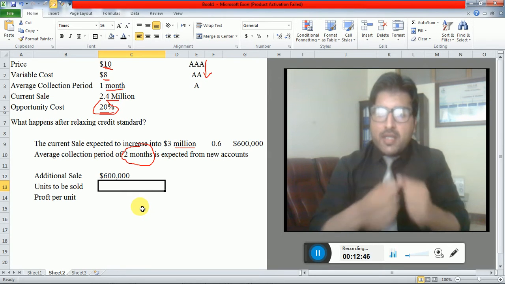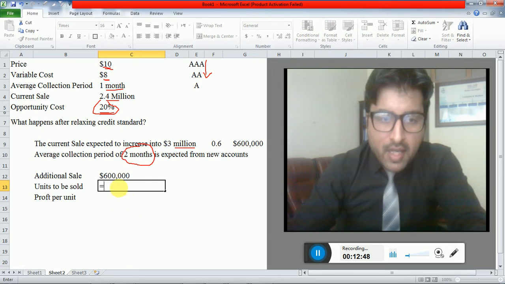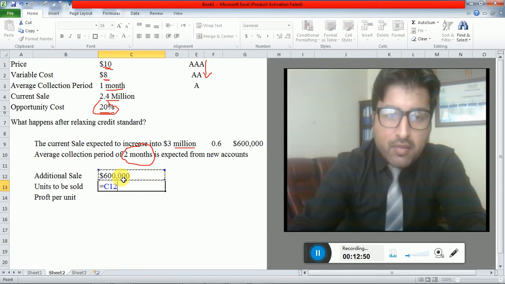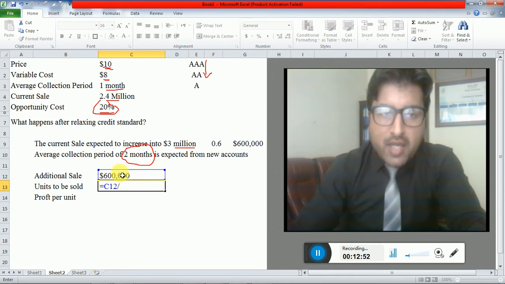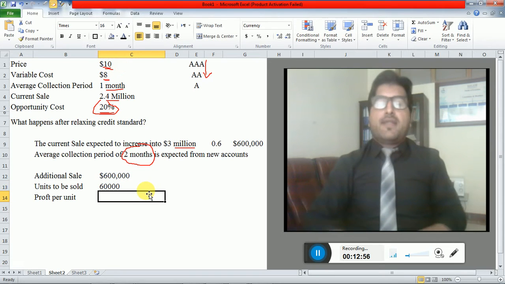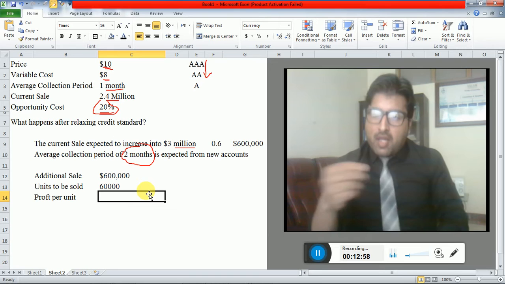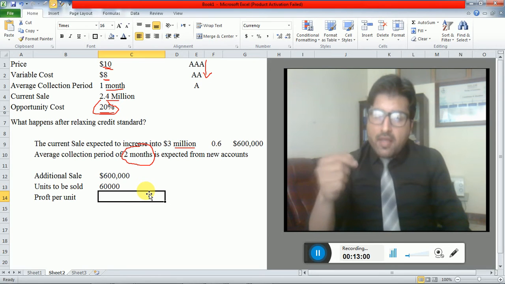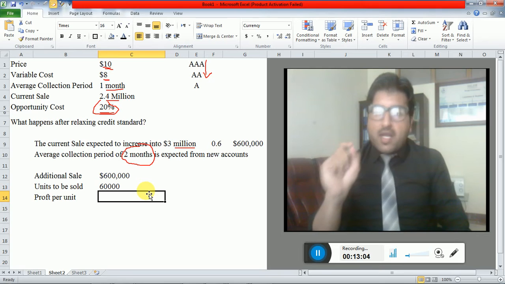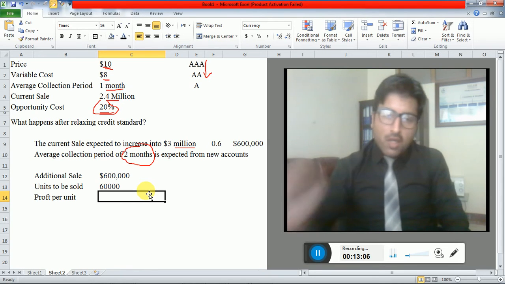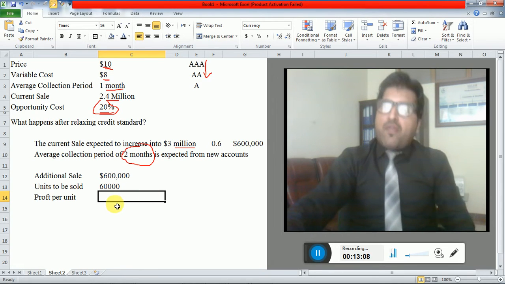So, much easier. Divide $600,000, the total sale, by the price. How much is the price? $10. Okay, that is equal to 6,000 units. And the company should sell 6,000 units in order to generate a new sale of $600,000. Okay, so how much is the profit per unit?